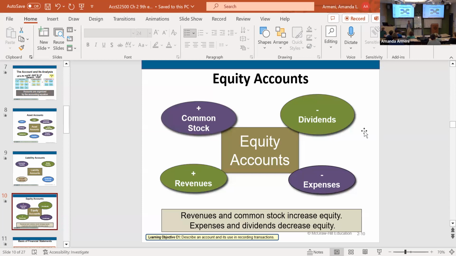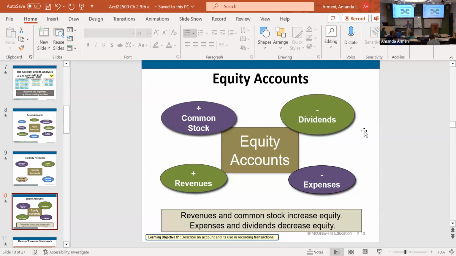Expenses. Anything that we incur, anything that we use up in order to run our business. We have to use advertising. We have to use utilities to keep the lights on. We have to use our employees, right? Anything that we use up in order to run our business, as you use something up, you report an expense. This is where that prepaid versus expense conversation came in that I will reiterate now.